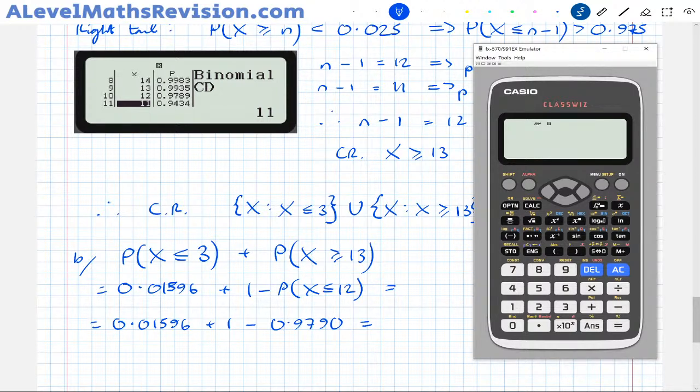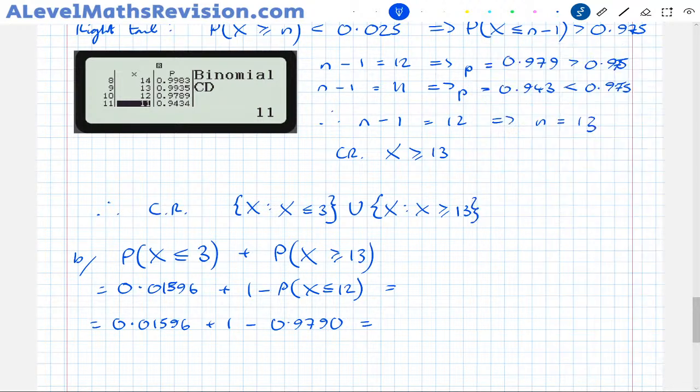So 0.01596 plus 1 minus our answer previously equals 0.0370. That is the actual significance level of the test.